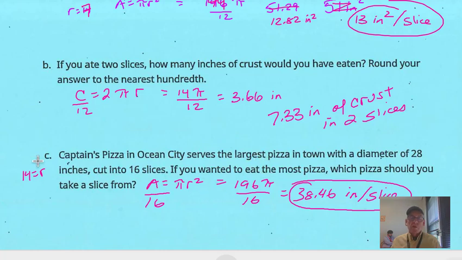So we would probably want to take the slice from Captain's Pizza. You're talking about square inches. So Captain's Pizza has almost 3 times as much pizza in it per slice as the small pizza in Morristown does.